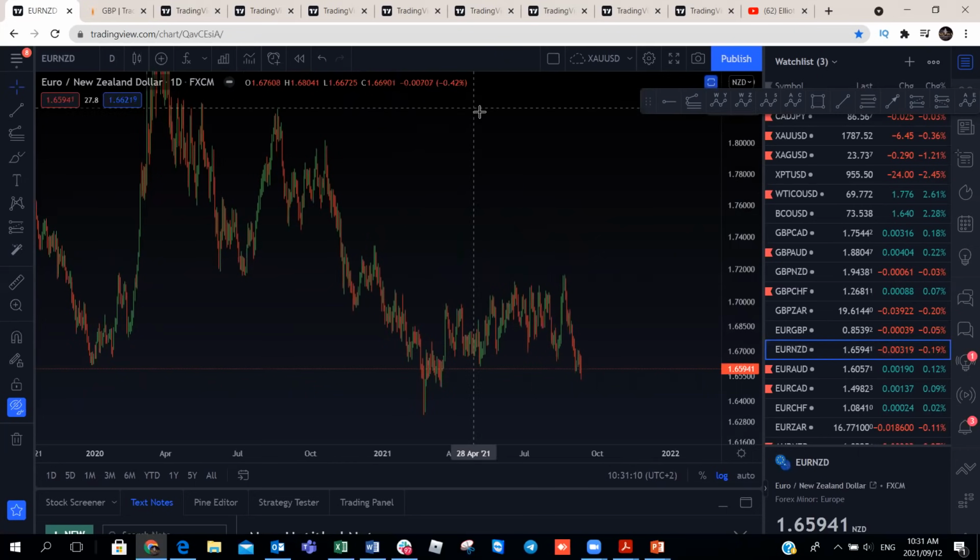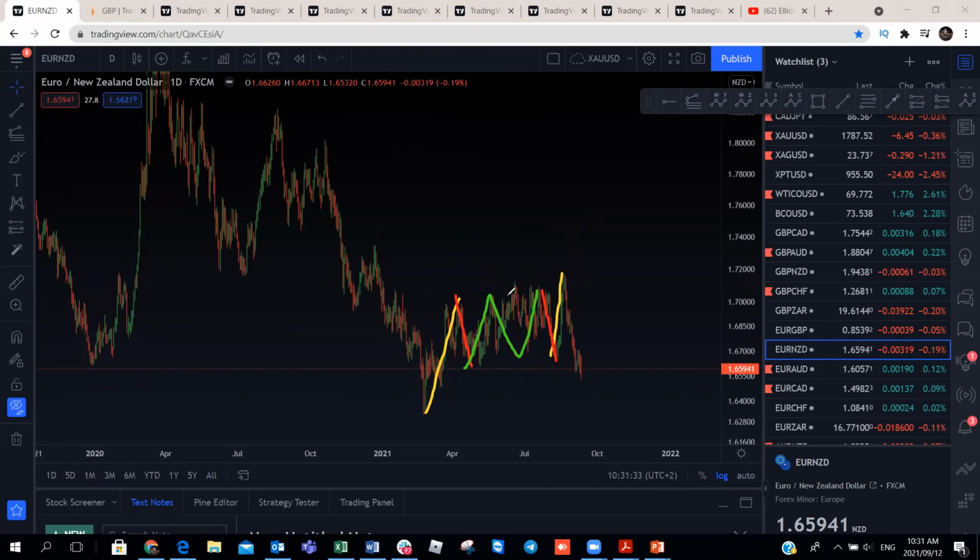Right, now we've got euro New Zealand with this inch perfect corrective structure here. If you look at this one, let's draw it like this. We've got a push to the upside, we've got this one pushing to the upside, and we've got this one as a move down here as follows. We've got a 1, 2, 3 there.